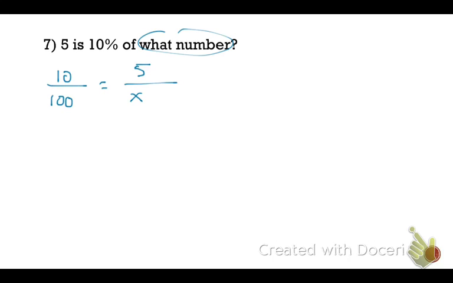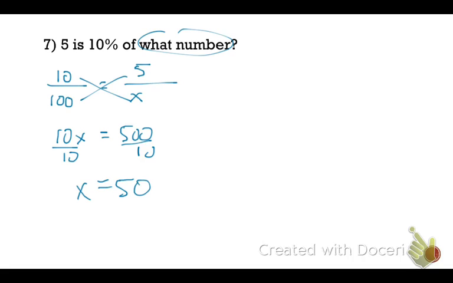Of what number? Usually after of, that's our total amount. And then we'll just cross multiply. Divide both sides by 10. So 50. 5 is 10% of 50.